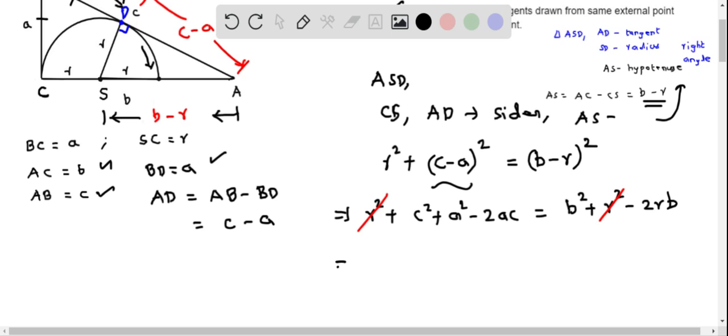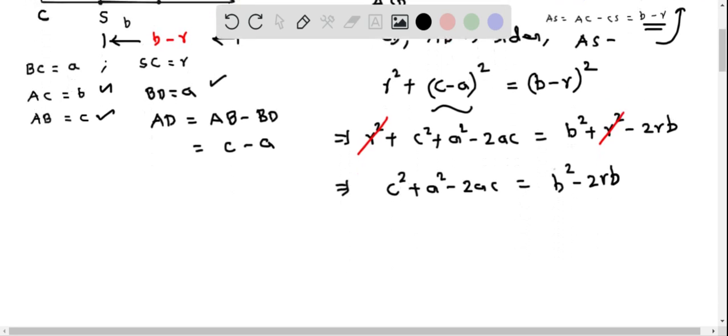Now let me rewrite this expression. So we have C squared plus A squared minus 2AC on the left side. Since I want to solve for R, I just write this as B squared minus 2RB. This is what we have. Now we subtract B squared from both sides.